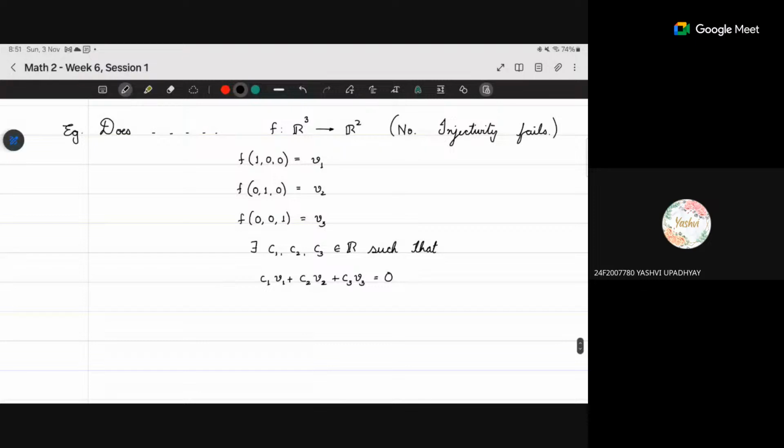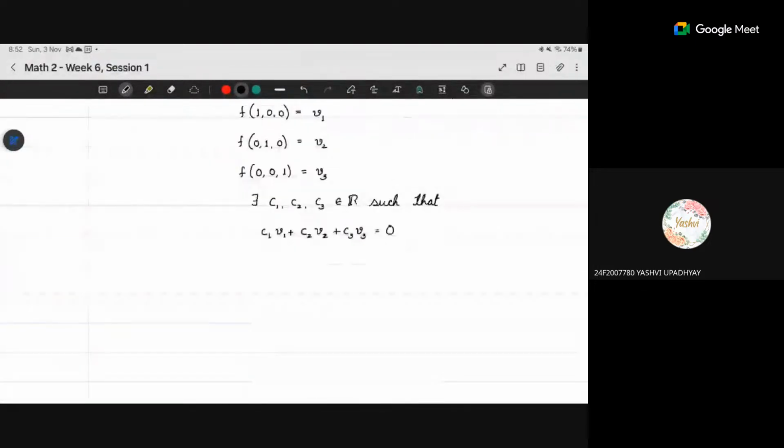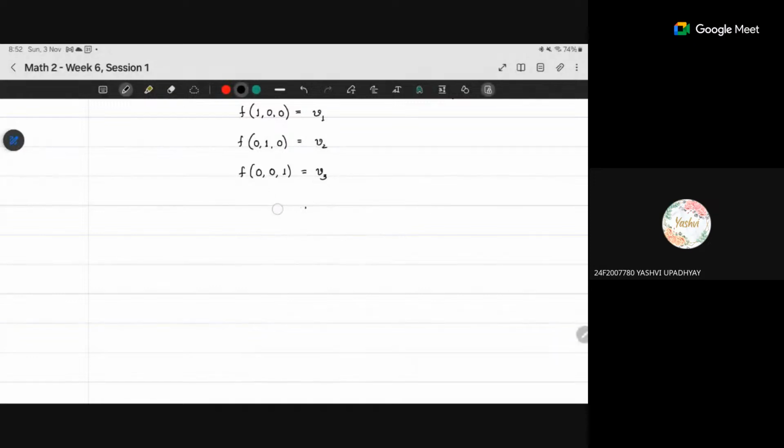Yes, sir. Now, these are linearly dependent. Let me take the alternative formulation, which is that one of them can be written as a linear combination of the other two. So suppose I can write V1 as C2 V2 plus C3 V3. It could be V2 or V3 on this side as well.